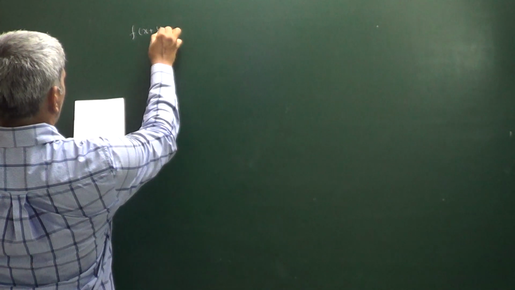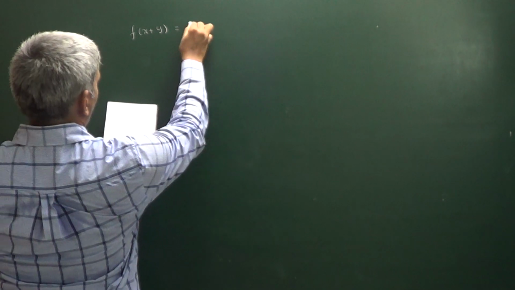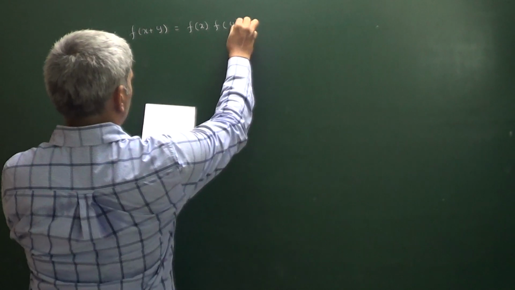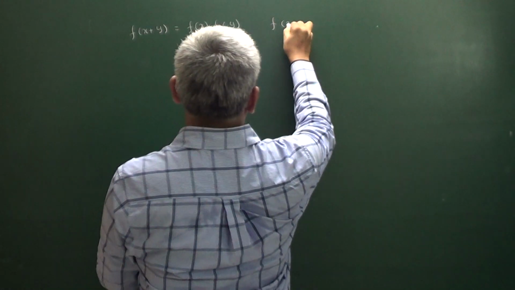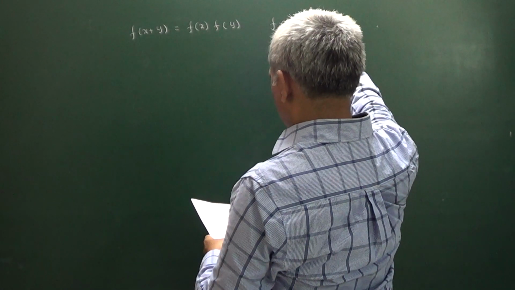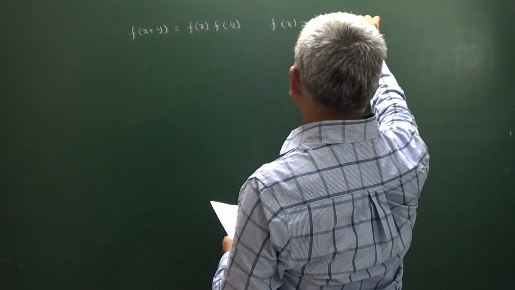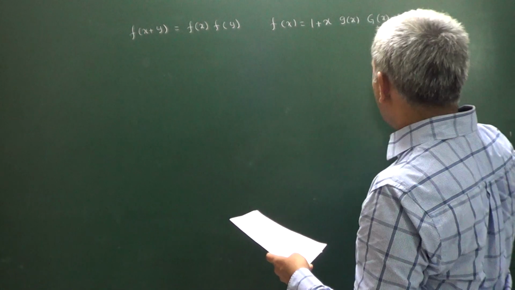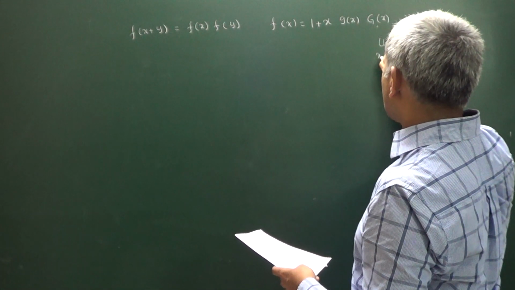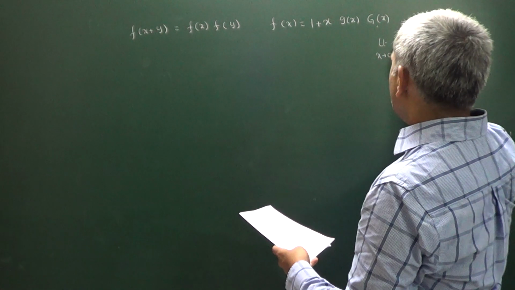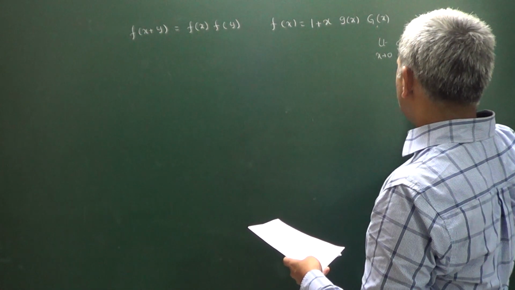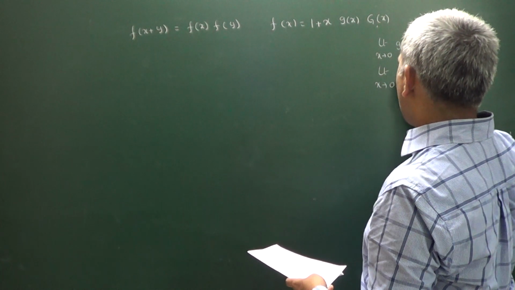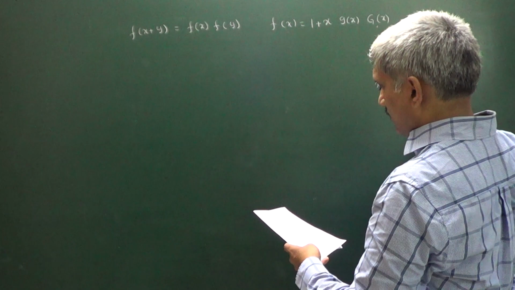Right. So this is another question they have given, related to differentiation also. f of x plus y is equal to f of x into f of y, and f of x is given as 1 plus x into g of x into capital G of x, where the limit as x tends to 0 of g of x is given as a, and the limit as x tends to 0 of capital G of x is given as b.